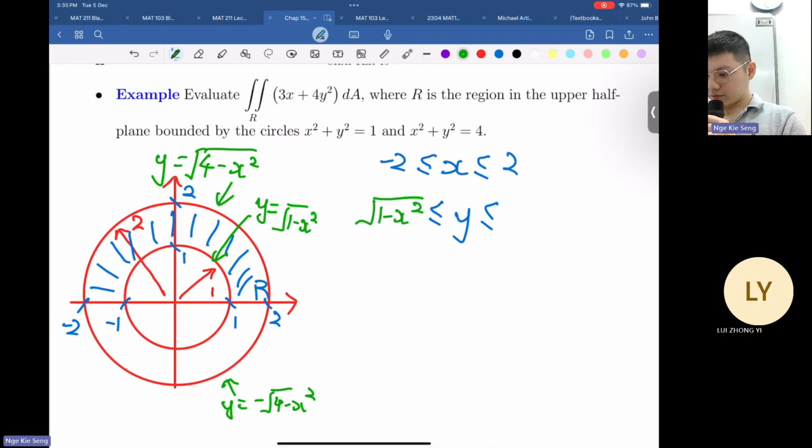Let's check whether this is true or not. If my x is 1.5, for example, is this function defined or not? No, right? So this part here is what?